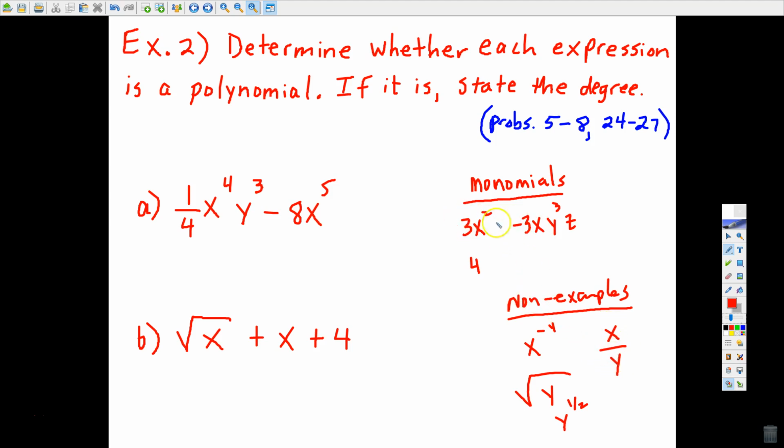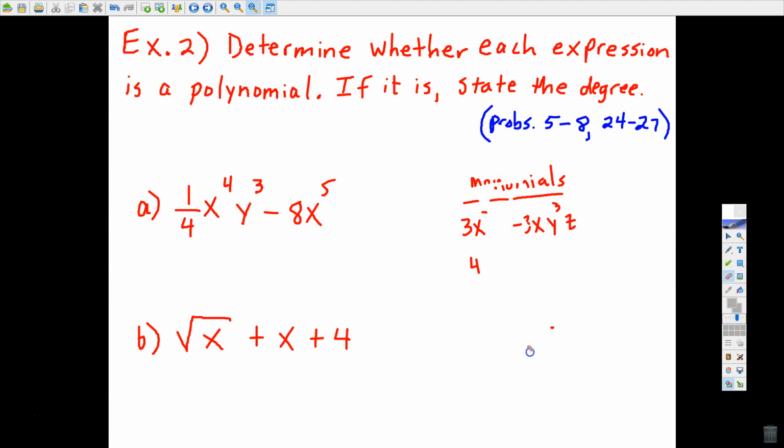So with that being said, if you have a polynomial, then all of your separate terms that are added or subtracted will be monomials. Let me erase this, and then we'll walk through some examples together. Letter A, is this a polynomial?